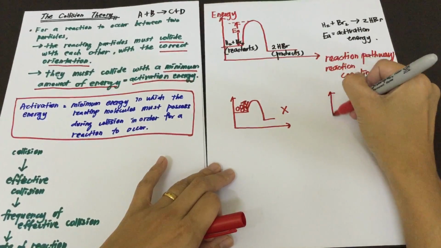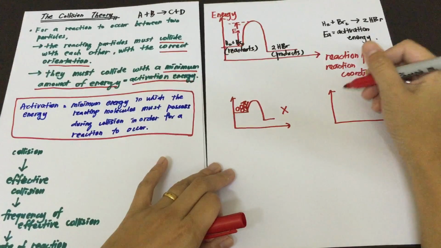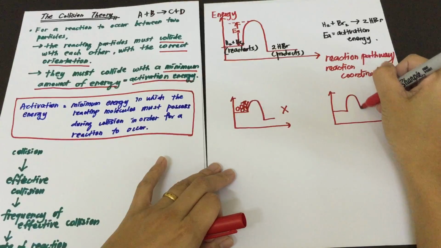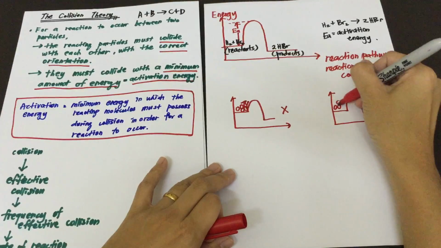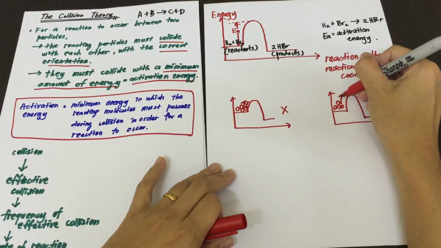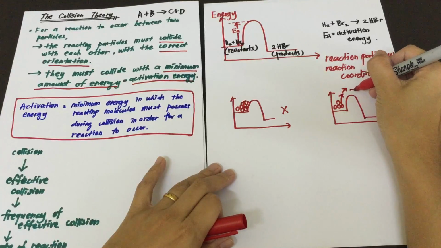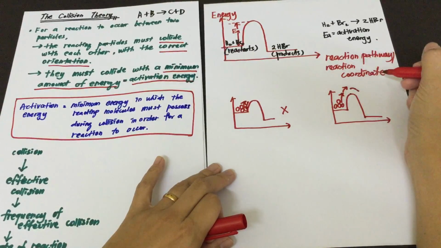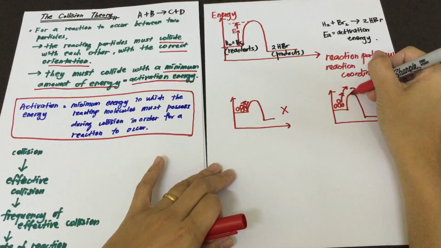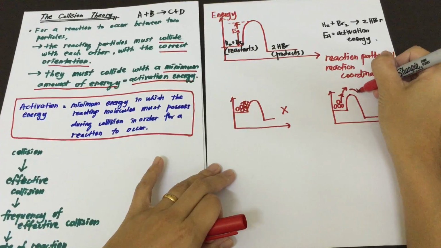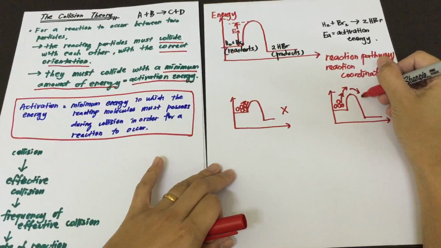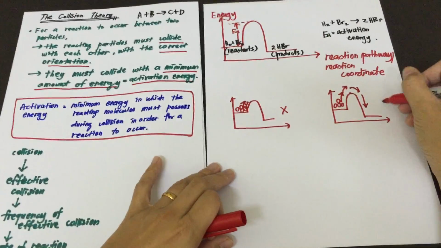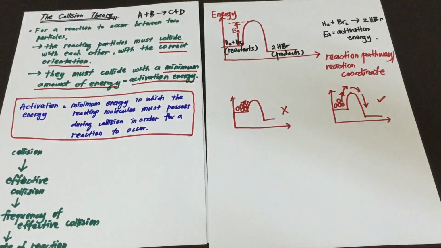But if during the collision the reactants manage to go up and go up and go up and cross the highest energy level of the hill, which is the activation energy, then they will come down to form the products. So for this particular reaction, it is a successful reaction.